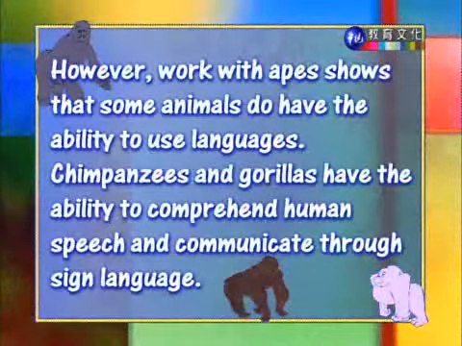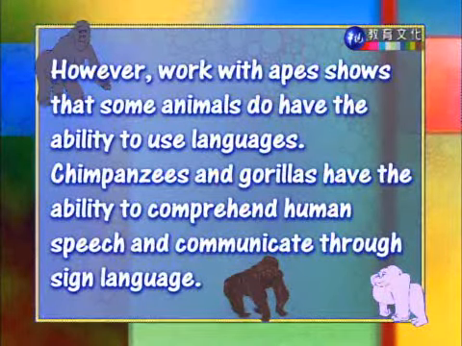Right, now let's take a look at the last two sentences of our second introductory paragraph about animal communication. 好，我们现在来看一下我们刚刚也讲到这个关于动物沟通的这篇文章，我们来看一下这篇文章它的开头的引言部分。It says, however, work with apes shows that some animals do have the ability to use languages.